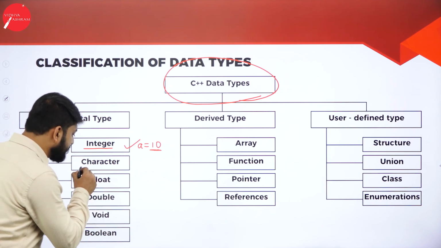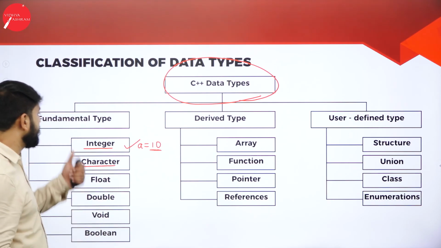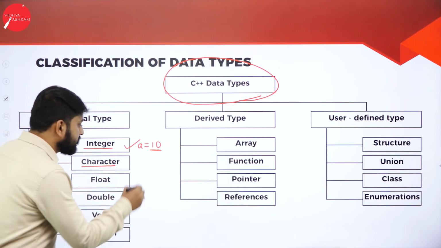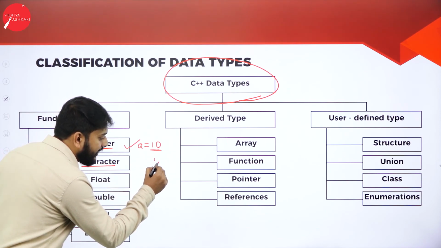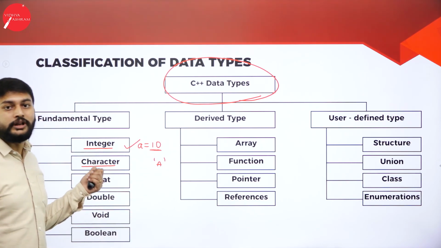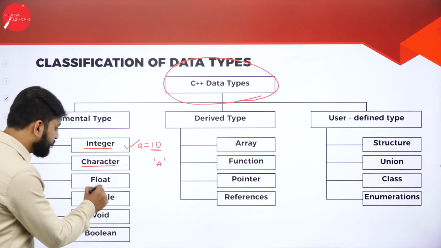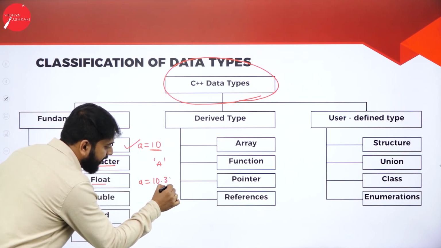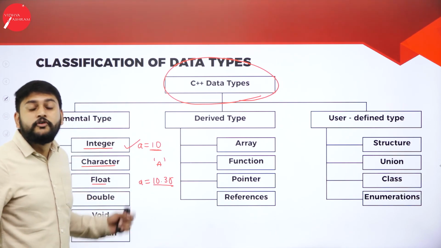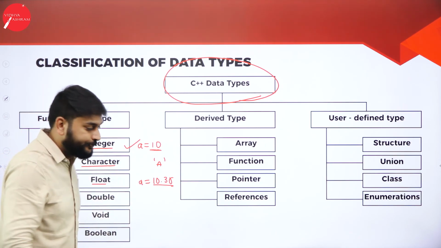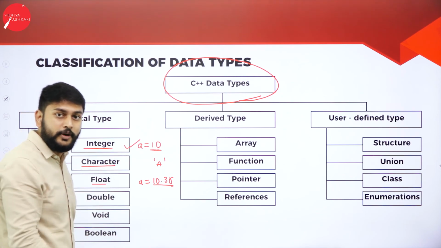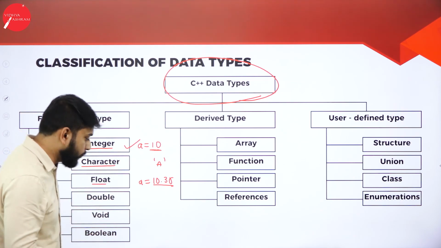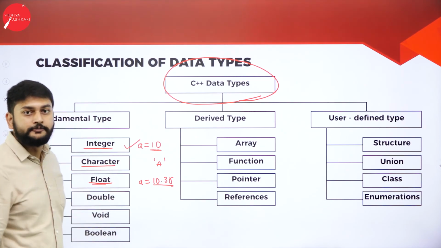So character in the sense what? What is the second data type in the fundamental data type? Character. Suppose I want to store one single character, I will be able to store it in this data type. So what is this float? a is equal to 10.35. This is what I will call a floating point number. If I want to store such a value, which data type should I use? Float data type.